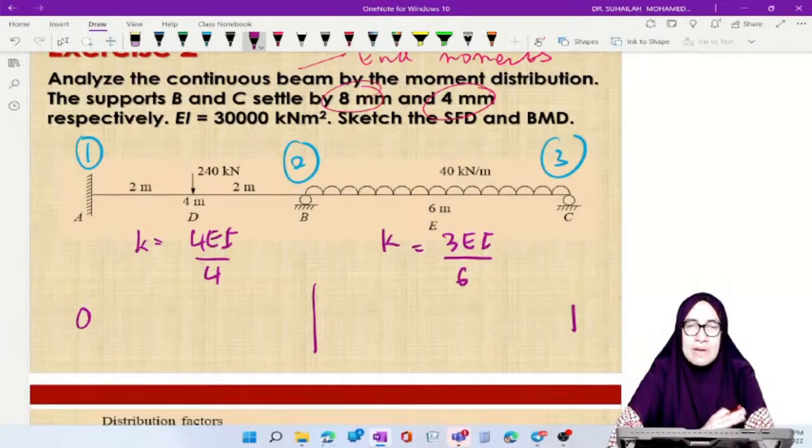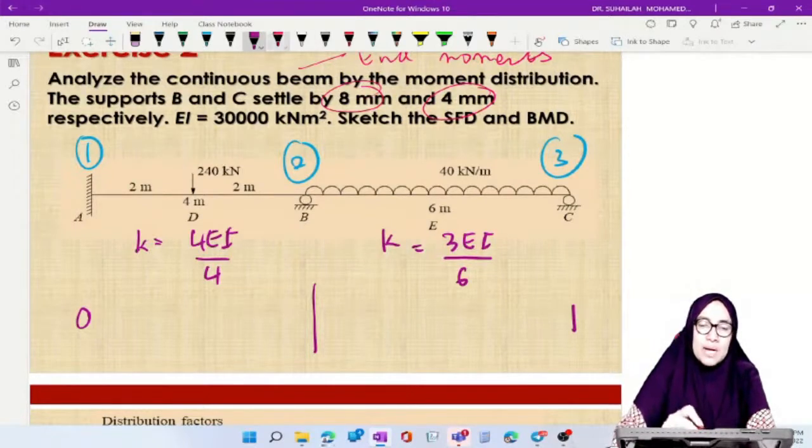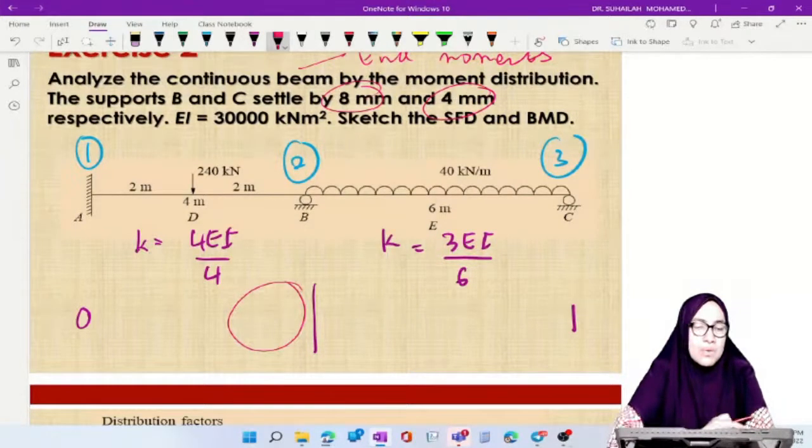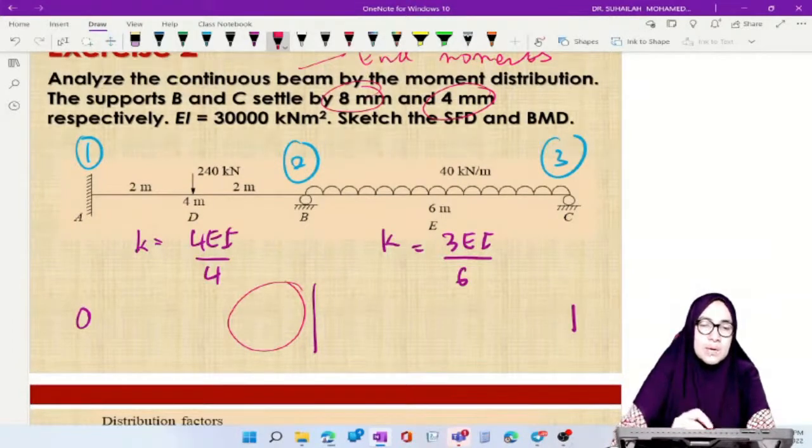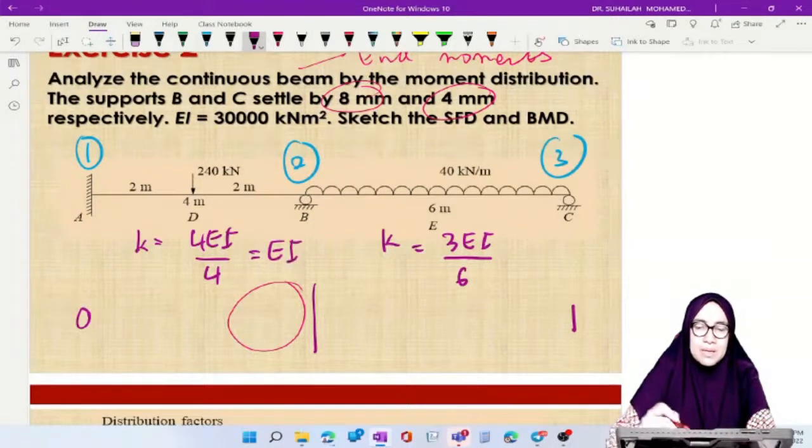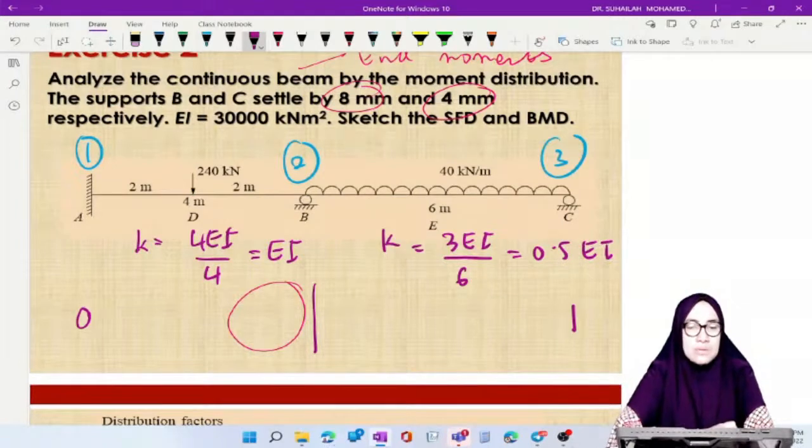It is K divided by total K. Simplifying, we get EI for one and 0.5 EI for the other, so EI will be cancelled. That is why we don't need to substitute the EI value.